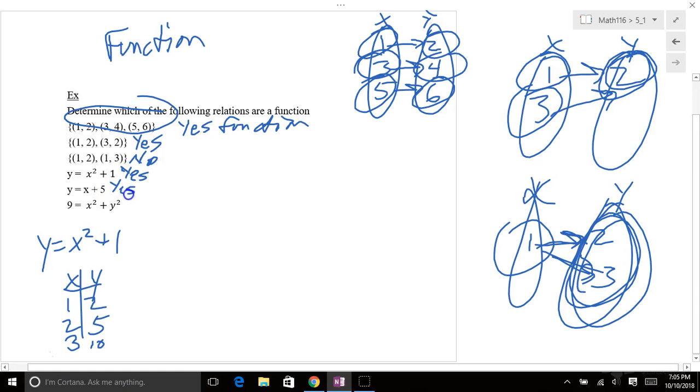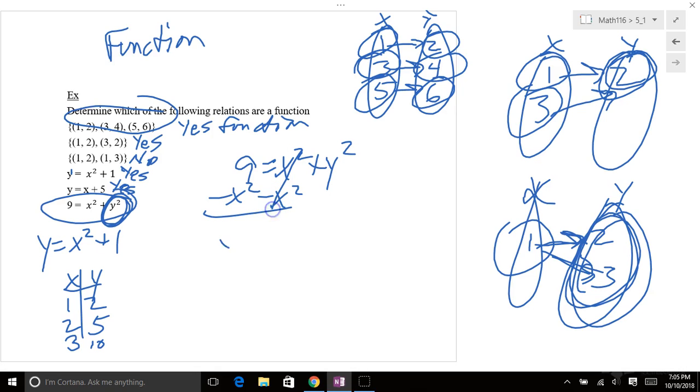Similarly on this one, where you're going to run into problems is when you have a y to an even power, not a y to a 1 power like those other ones. If you have y to an even power, like 9 equals x squared plus y squared, in fact, if you solve for y, y squared equals 9 minus x squared, and you square root both sides.